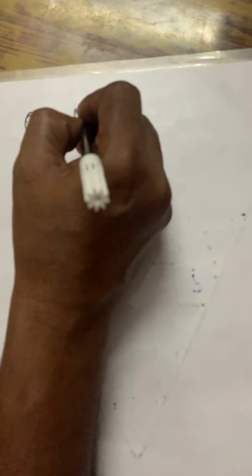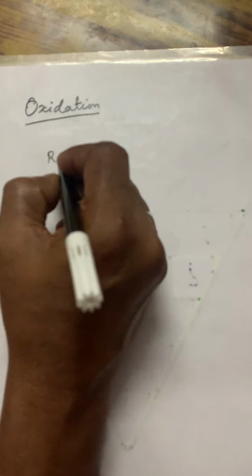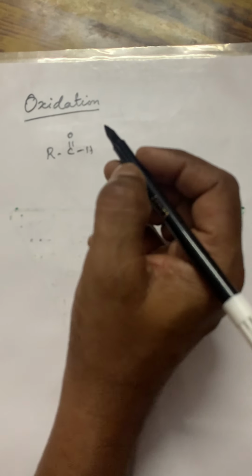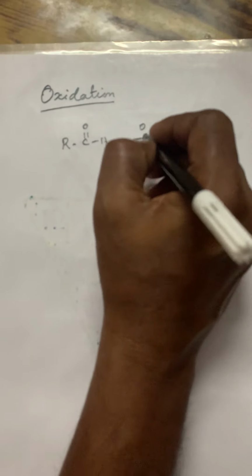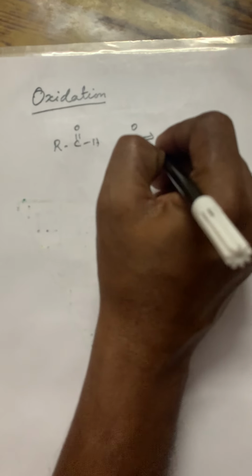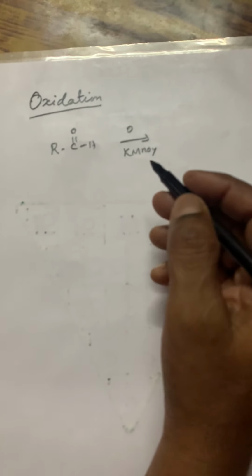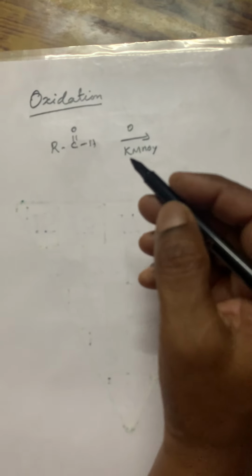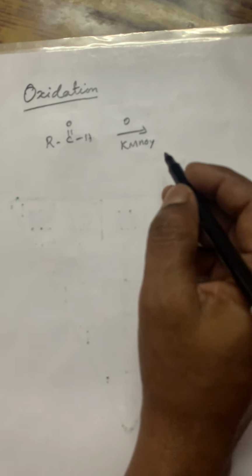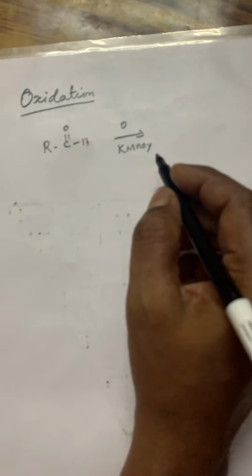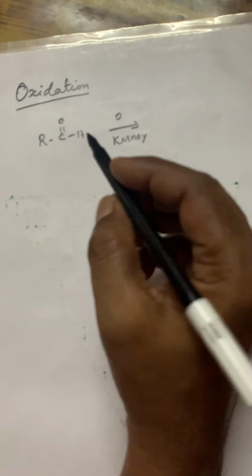Aldehydes easily undergo oxidation. In presence of KMnO4 or nitric acid or even a mild oxidizing agent, the aldehyde is easily converted into carboxylic acid.